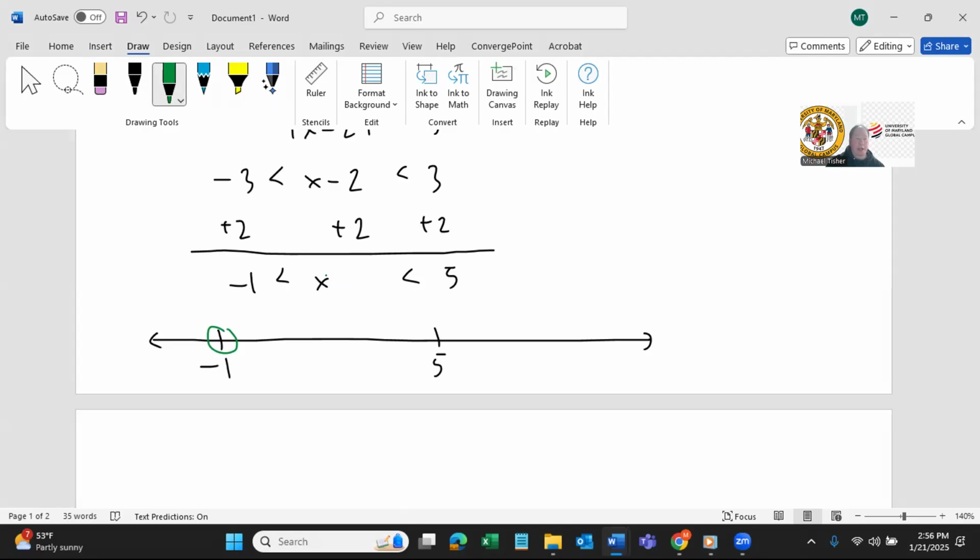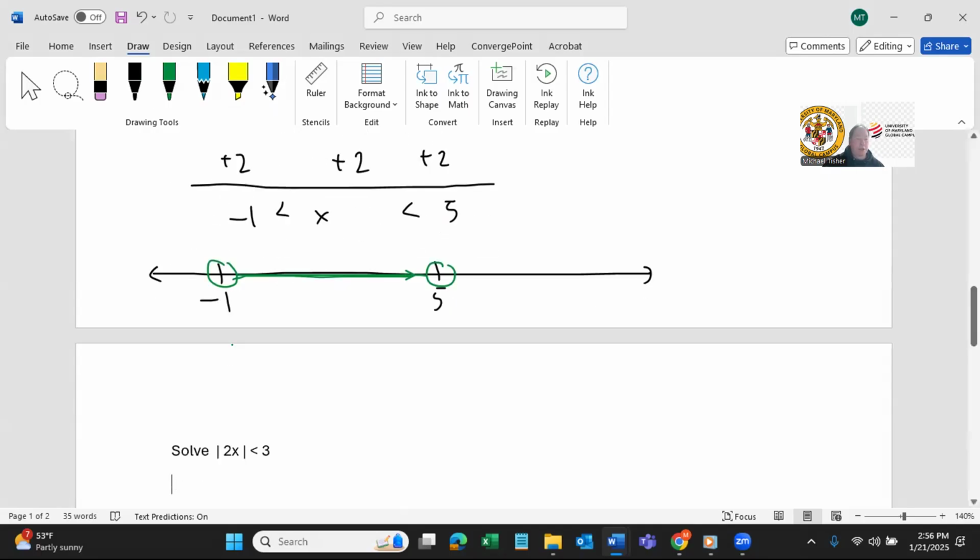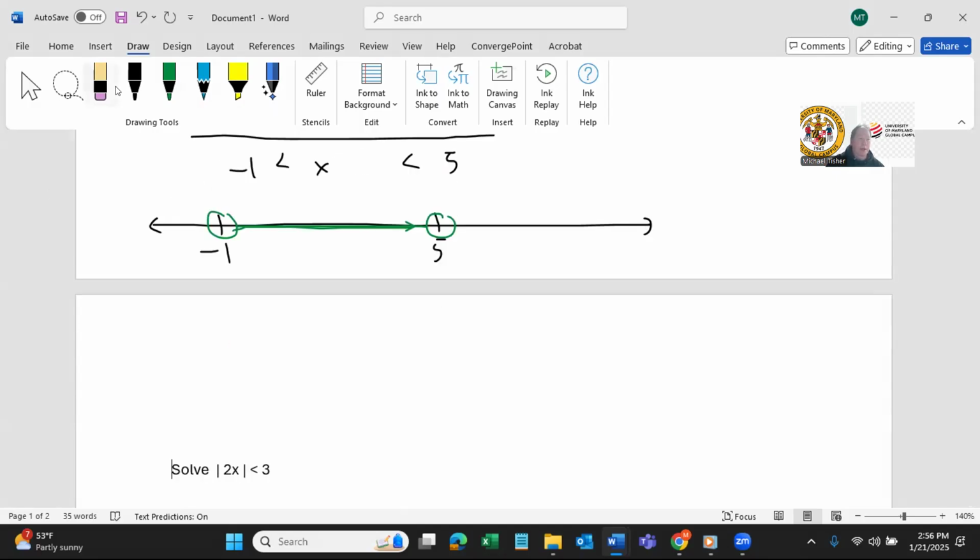Likewise, since 5 is not less than 5, we do not want to include the 5, so we'll put an open circle right there, and we want all the numbers in between negative 1 and 5. So this is the shading of the entire solution. Now let's use this graph to write the answer in interval notation. We would say open parenthesis, negative 1, comma, 5, close parenthesis.